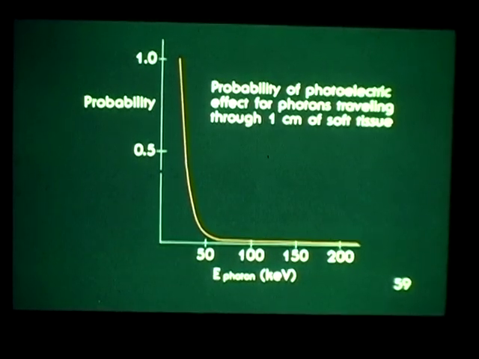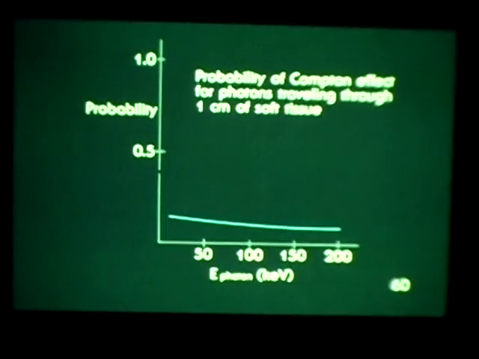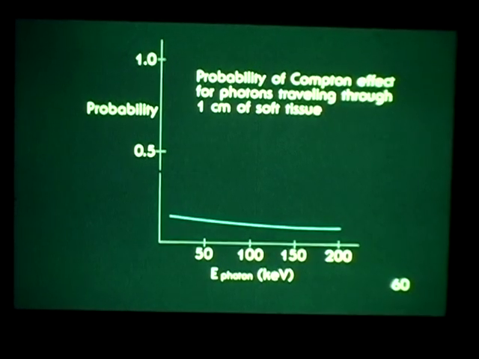Note on the left portion of this graph how the probability increases drastically below 40 to 50 keV. This means that low-energy photons will probably undergo photoelectric interactions. But as the photon energy is increased, the probability of a photoelectric interaction falls off drastically.